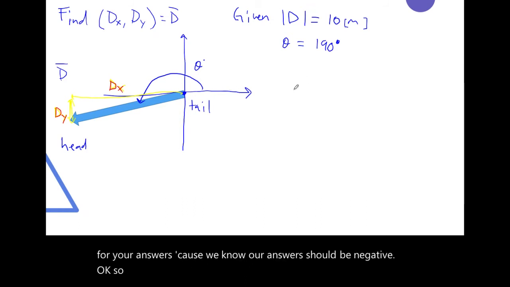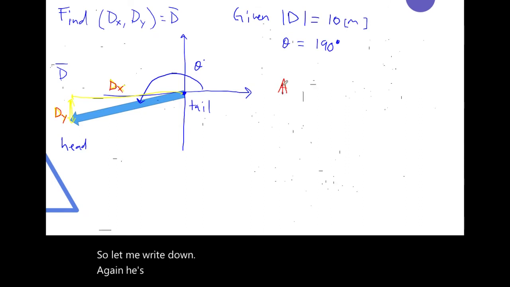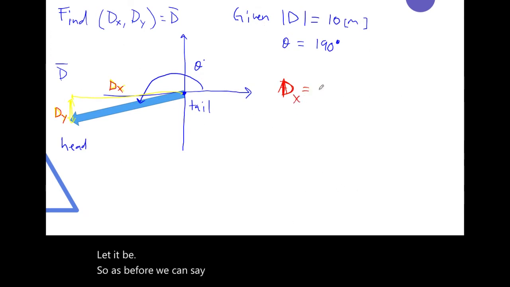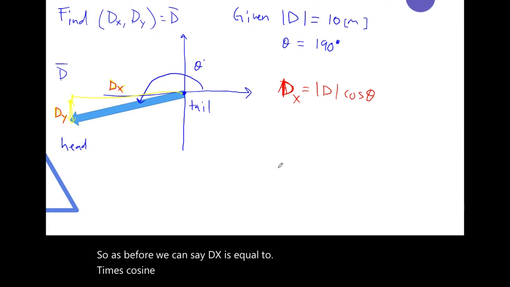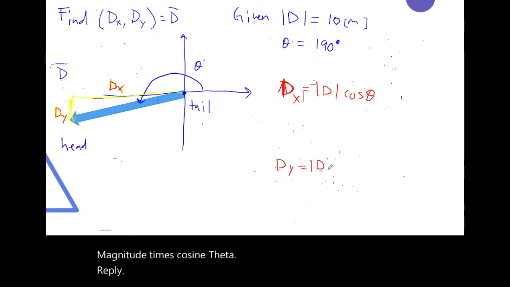Okay, so let me write down again these two equations. As before, we can say dx is equal to the magnitude times cosine theta, and dy is the magnitude times sine theta.